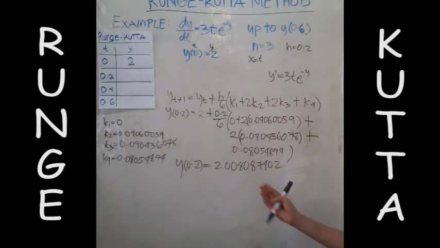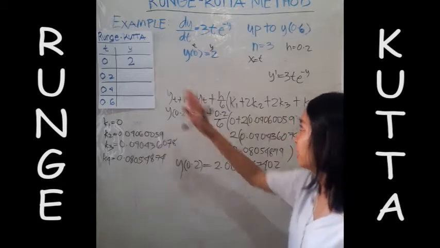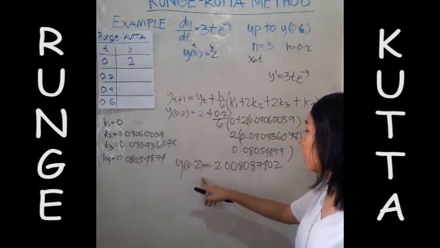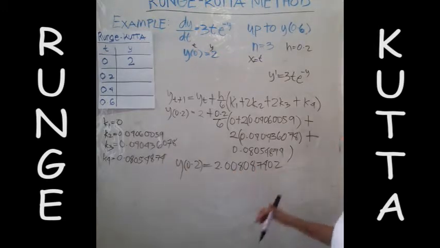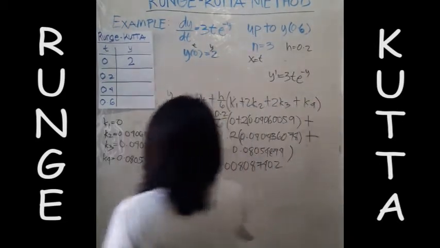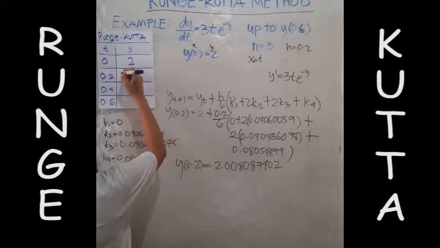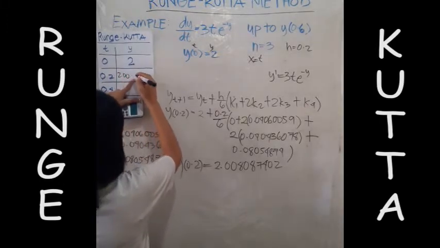So it says here that when t is 0.2, our y is 2.008087402. So I will just put it here.